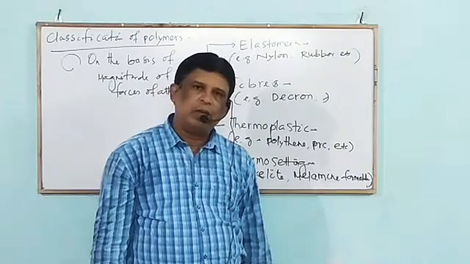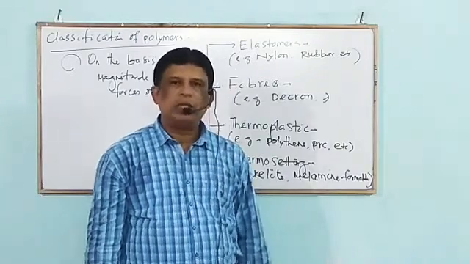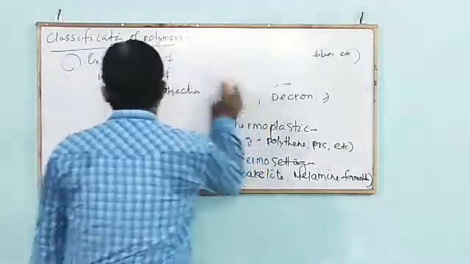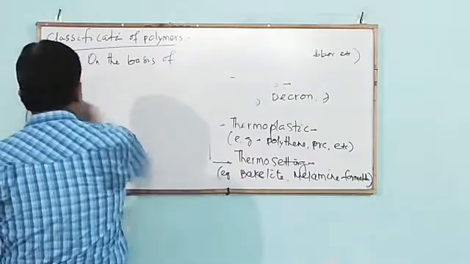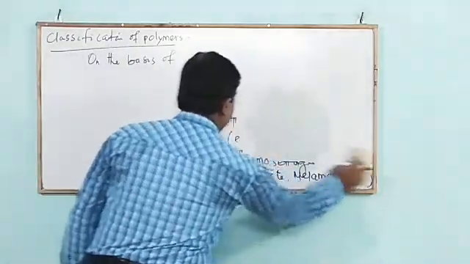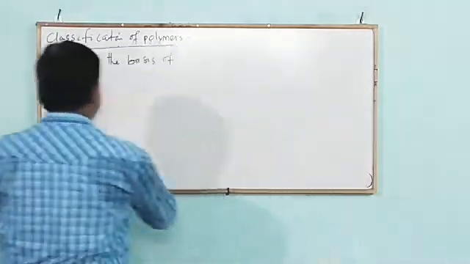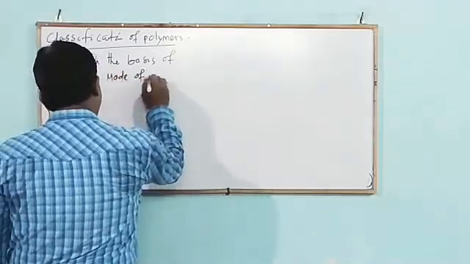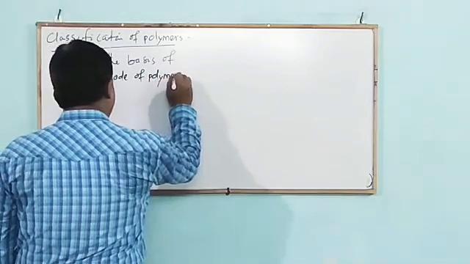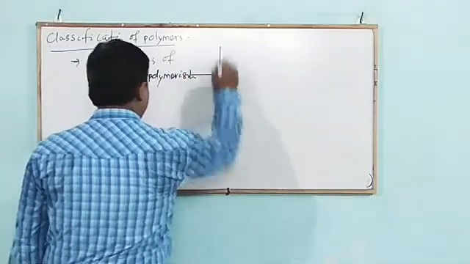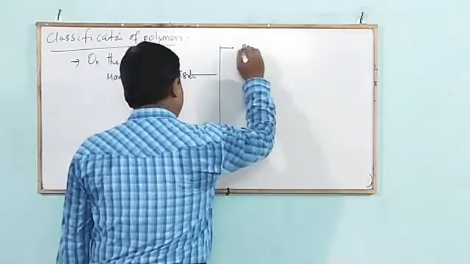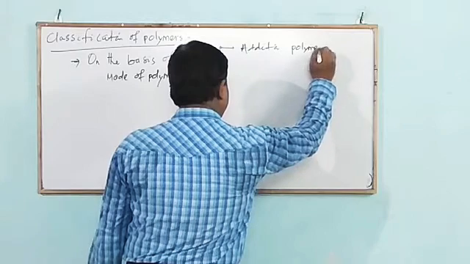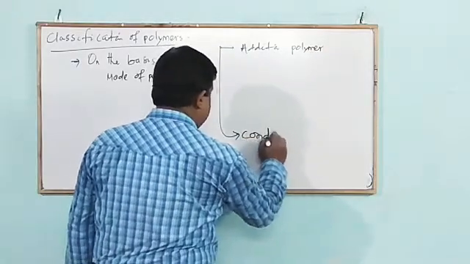Polymers are of two types: one is addition polymer, one is condensation polymer.